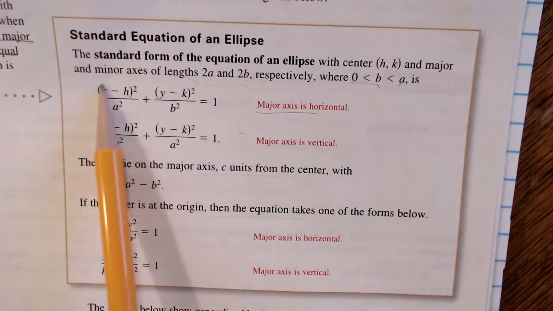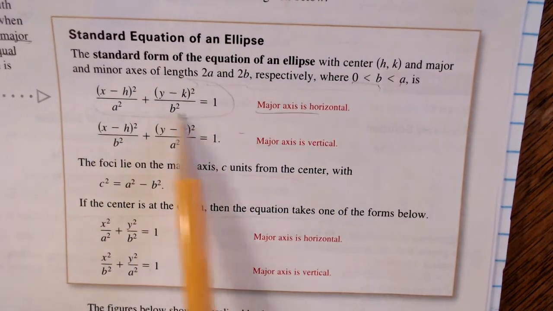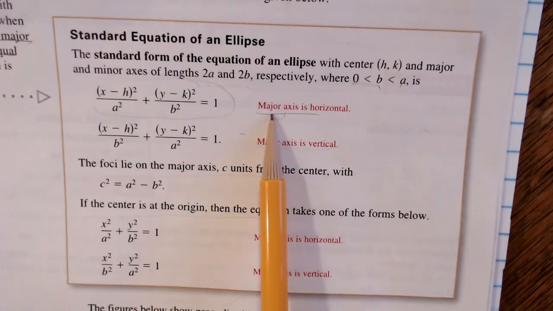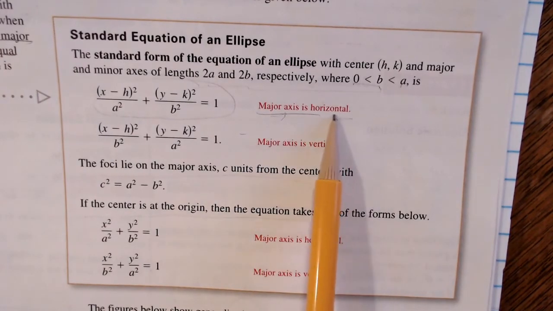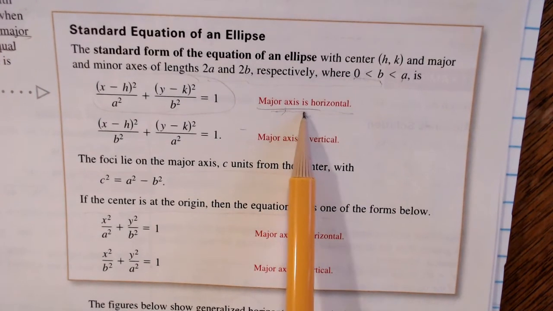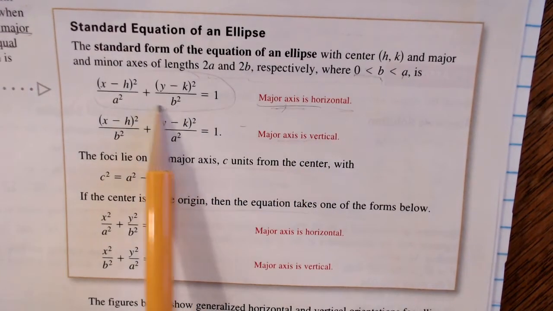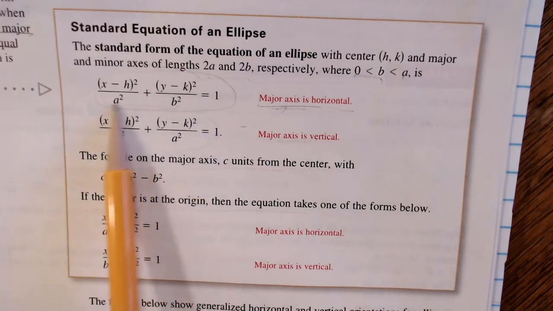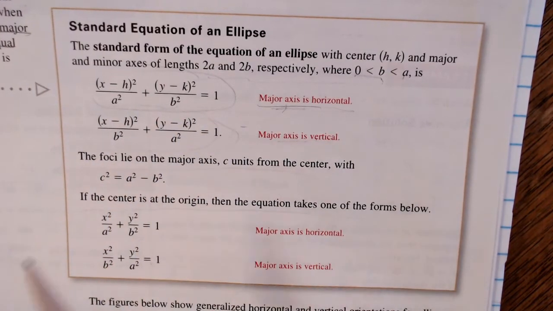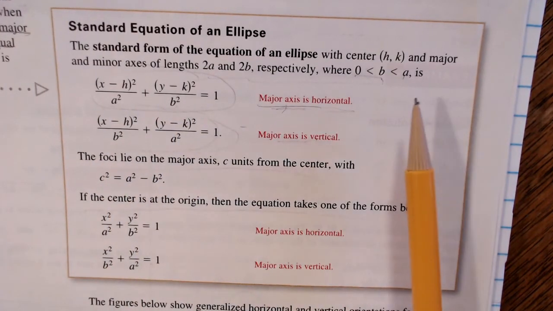Then this is the formula you use if the major axis is horizontal. We're talking about the major axis. And if the major axis is vertical, this is the formula you're going to use. That is if the center is (h, k).